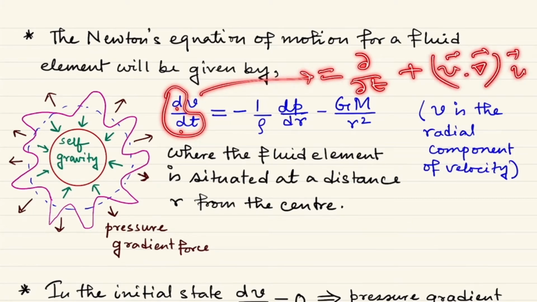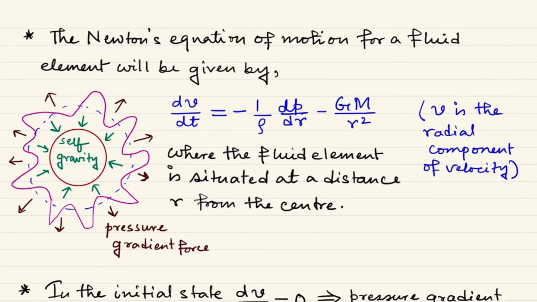So this dv/dt is equal to minus 1 by rho dp/dr. Why is this dp/dr? In general it is the gradient of p, but here we are only considering the radially symmetric direction, so only d/dr will survive. Del theta and del phi will not survive. So del r has now become d/dr.